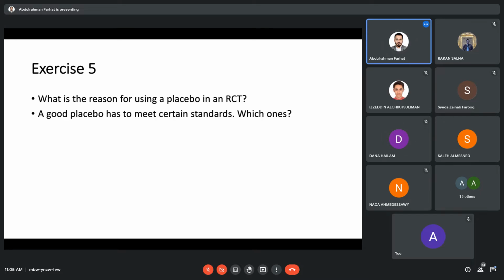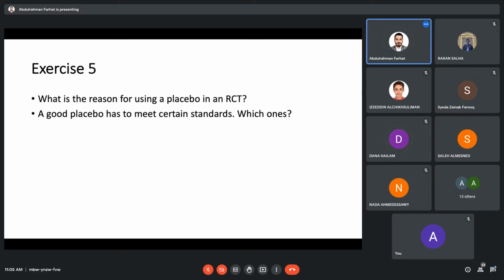Okay, good. So if I ask you, Saleh, a good placebo has to meet standards. Can you think of any? Let's say I'm giving you a medication that is circular in shape, red in color, and very small in size.